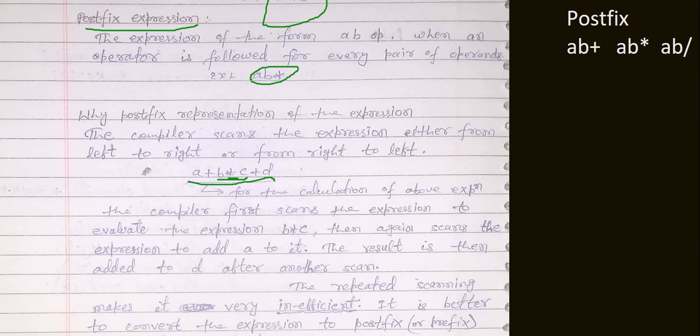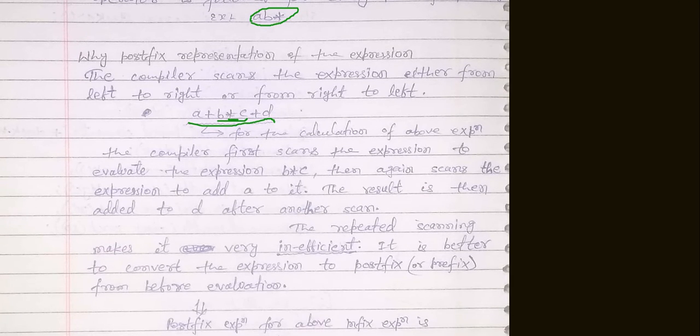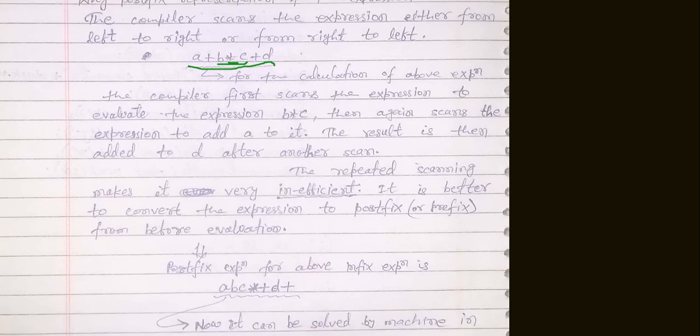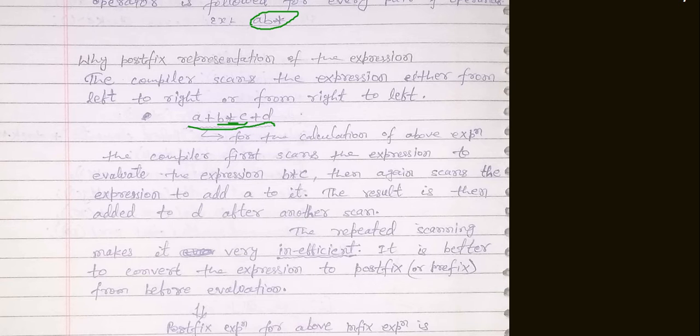It means several scans take place from the starting to the end position of the expression. But if we convert it into the postfix expression, then a machine can solve it with just one scan.